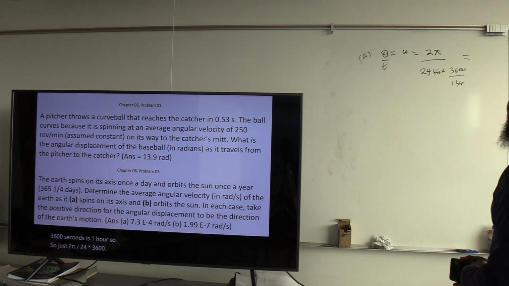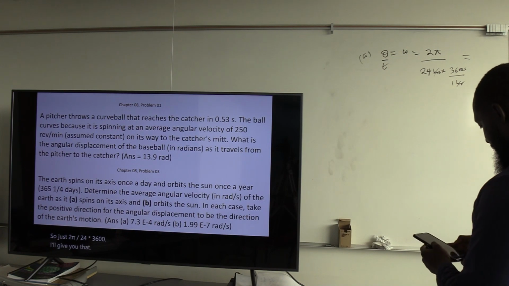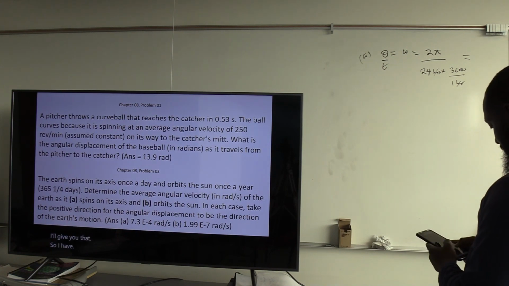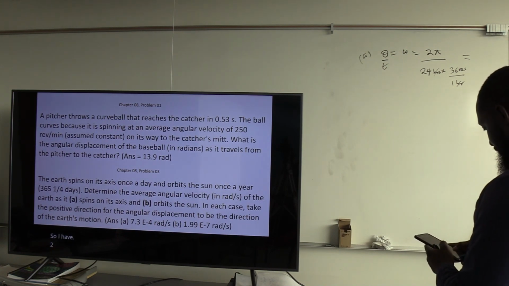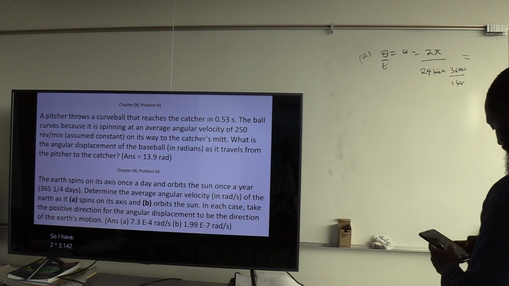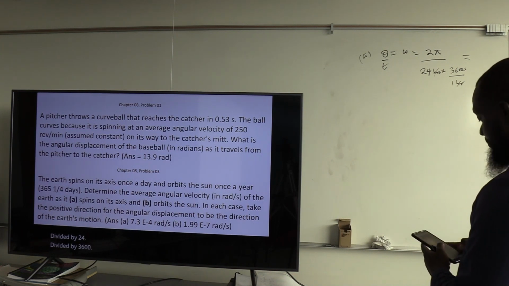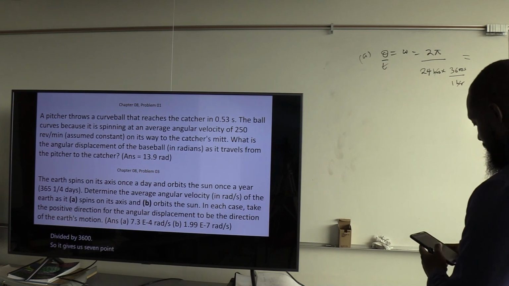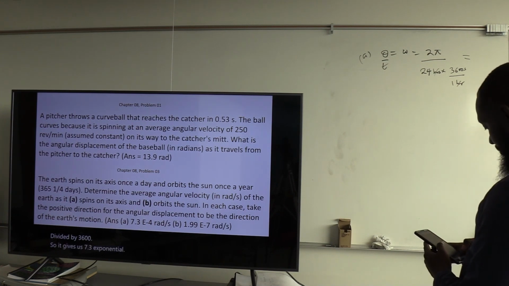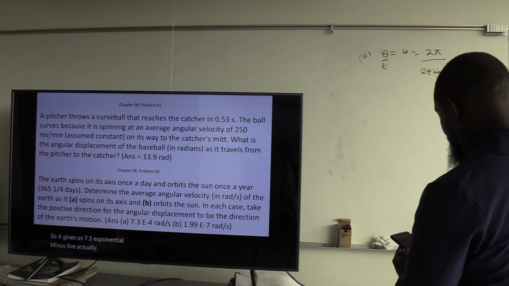So I have 2 times 3.142 divided by 24 divided by 3,600. So it gives us 7.3 times 10 to the minus 5, actually, not minus 4. Okay.